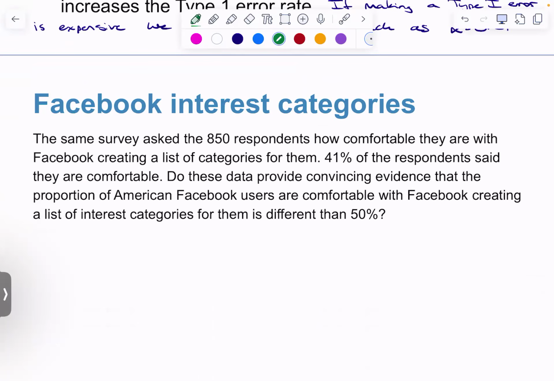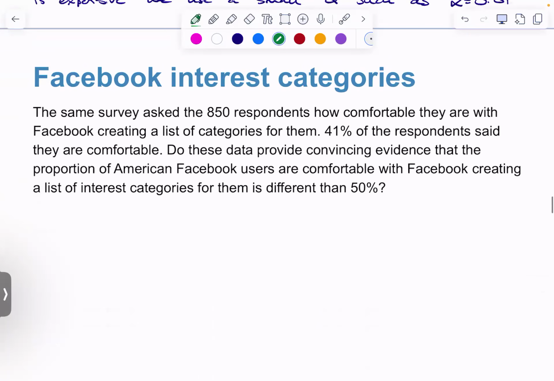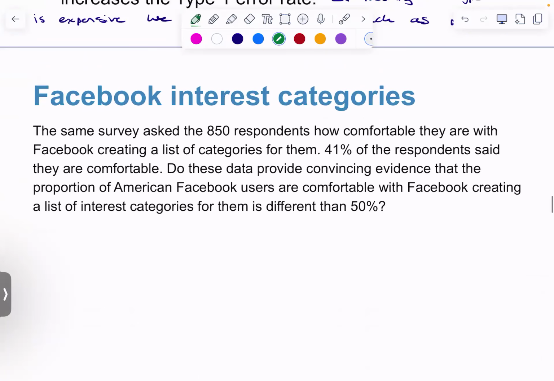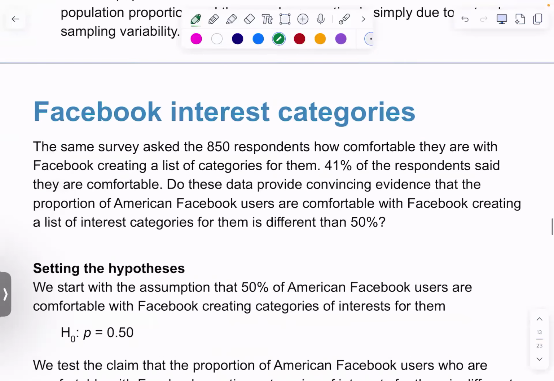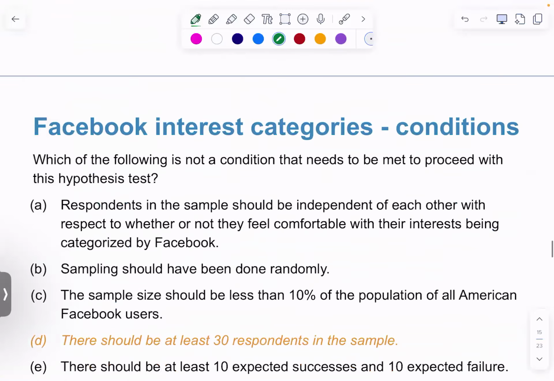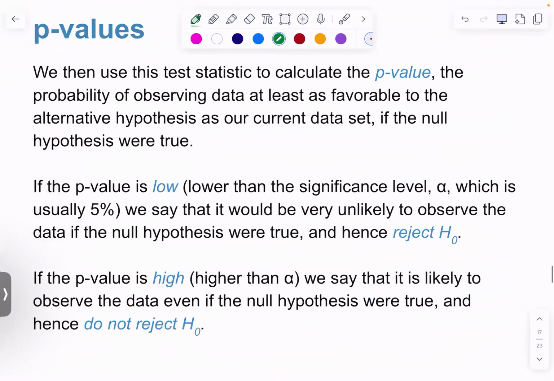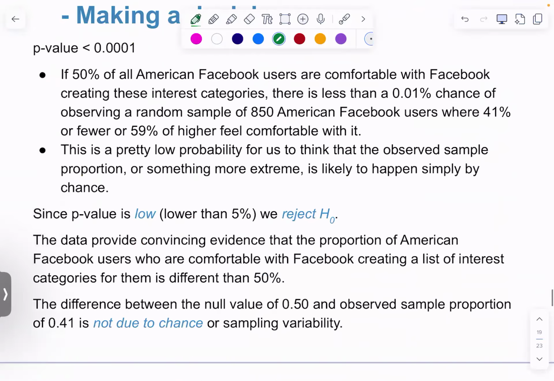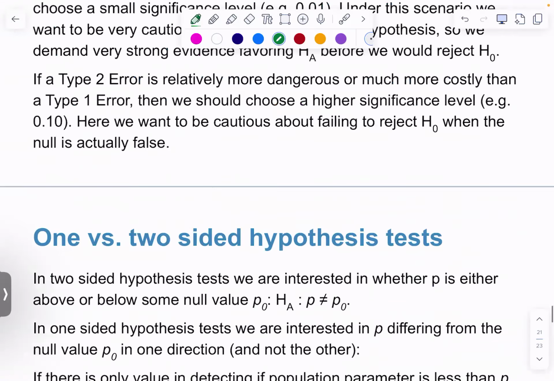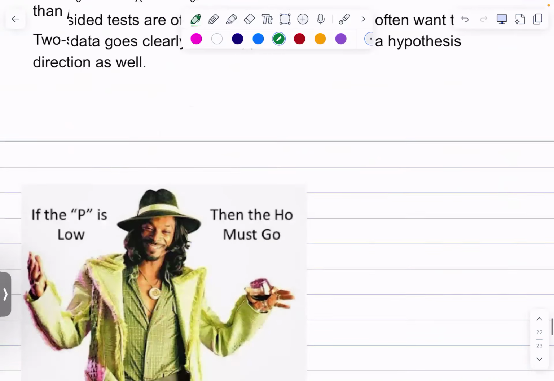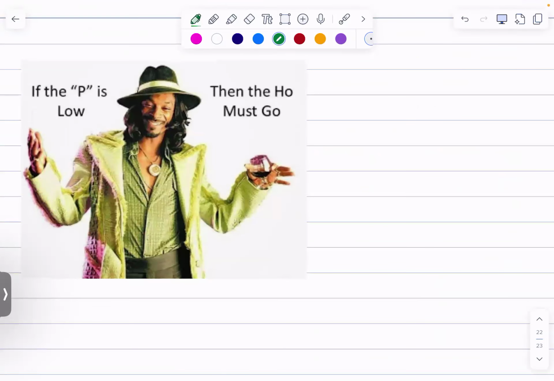Okay. Let's see here. I do want to do this. We are going to do it, and we're going to do it together. Fine. I was saving it for later.